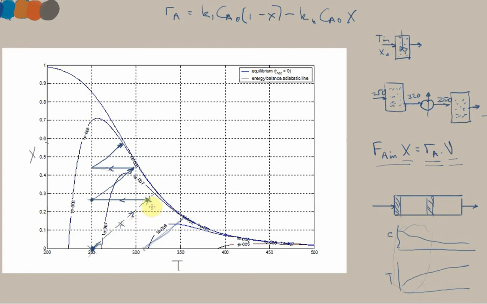So calculation of the volume of these reactors is not quite easy to see on this graph, because there are really three variables of importance on this graph. We've got X and T, and then also the reaction rate. So for the reaction rate, we also have to imagine our way around by mentally interpolating between these iso-rate lines.